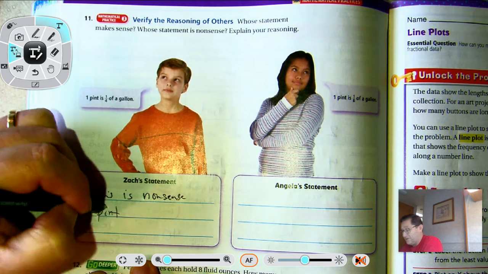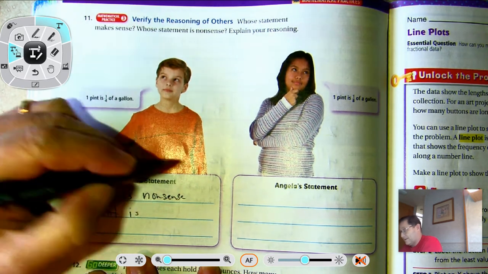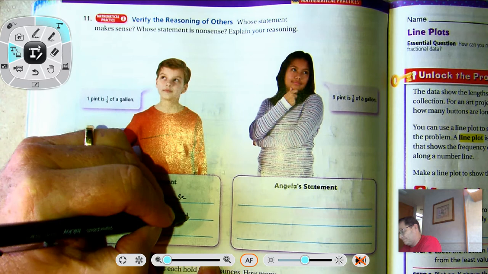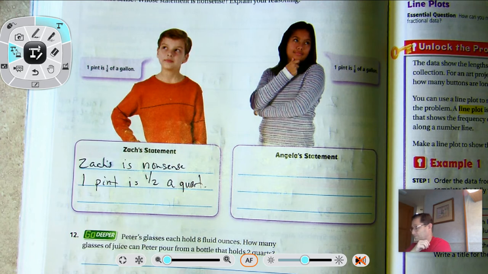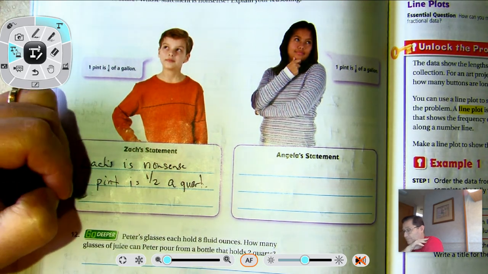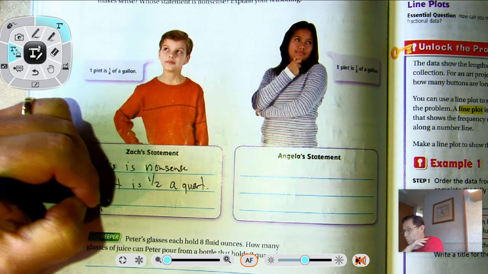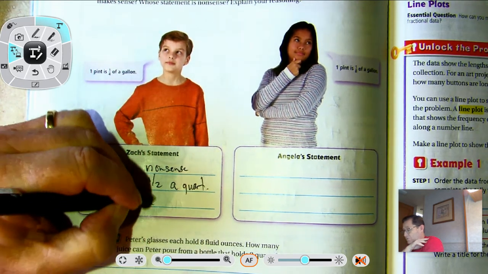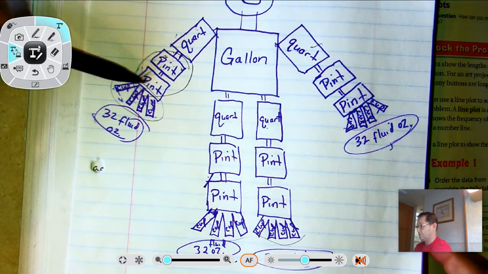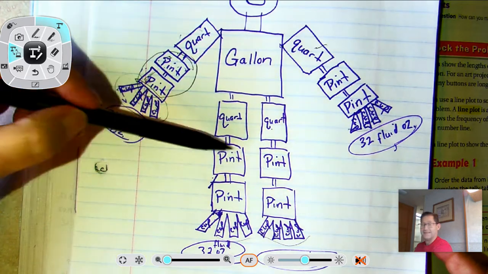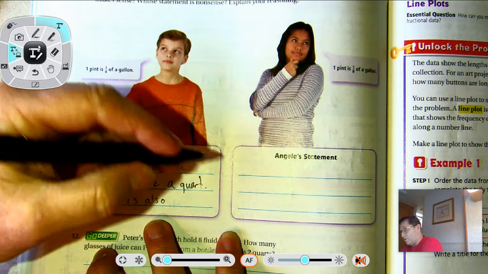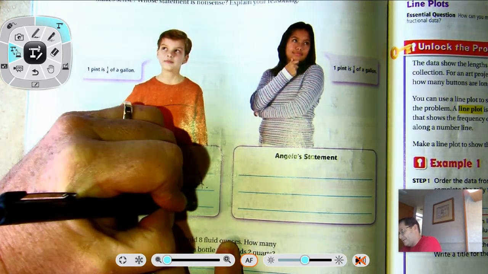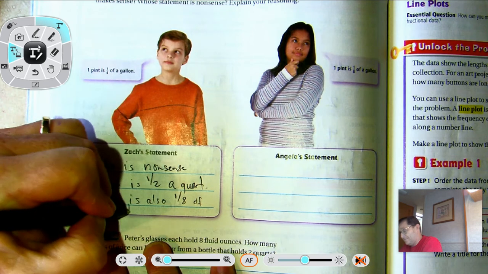One pint, if we're really looking at this, 1 pint is half a quart. One pint is also, how many pints does it take to equal a gallon? 1, 2, 3, 4, 5, 6, 7, 8. So if you only have one of the 8 parts that you need, you would say 1 pint is also 1/8 of a gallon.